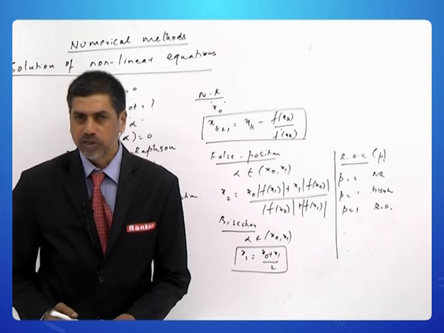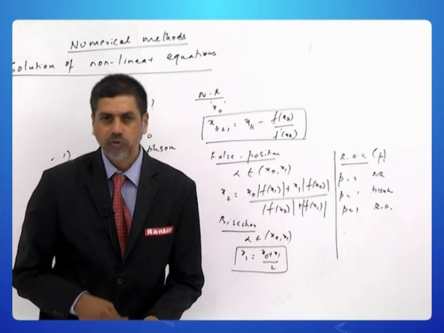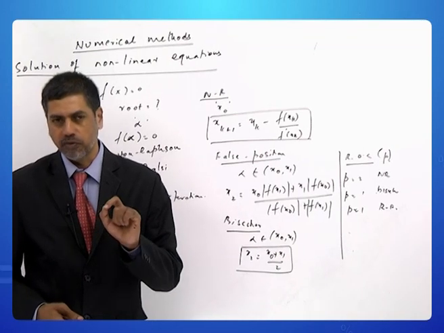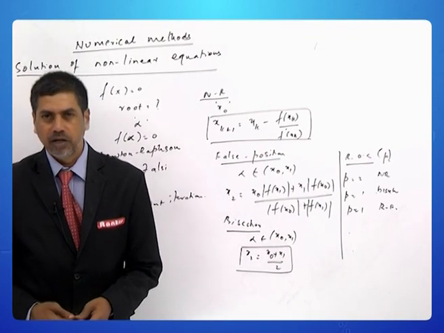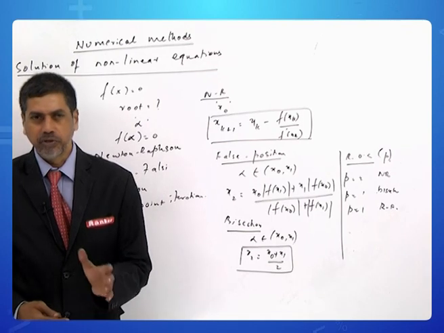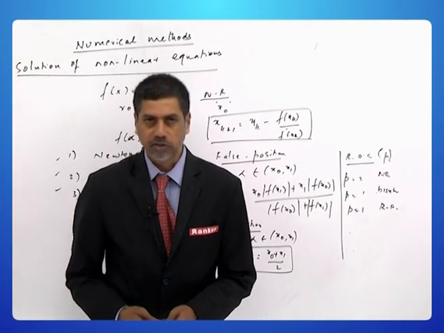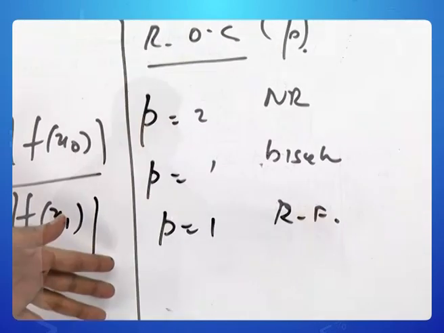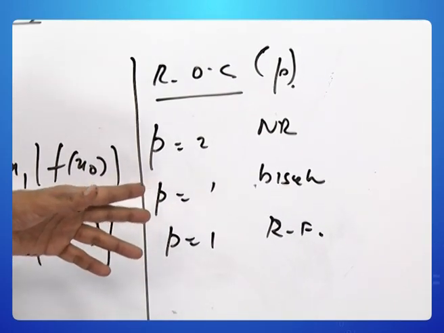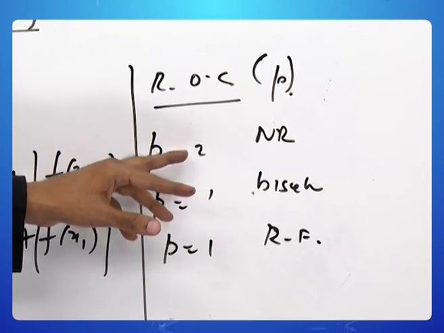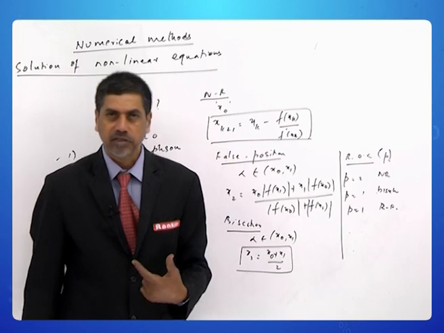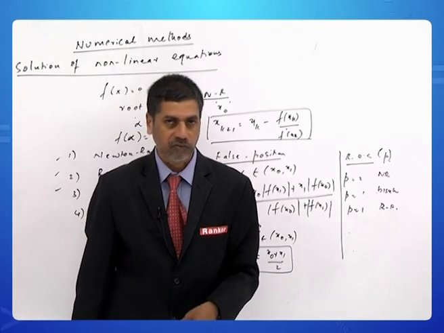There is another method called secant method, which is very close to false position, and that has a convergence rate of about 1.6, in between Newton-Raphson method and regula-falsi. We are not discussing the secant method here, but these points can be remembered. Newton-Raphson has the best rate of convergence, which we call quadratic, whereas bisection and false position have linear rate of convergence.